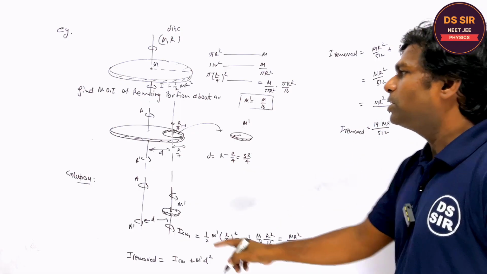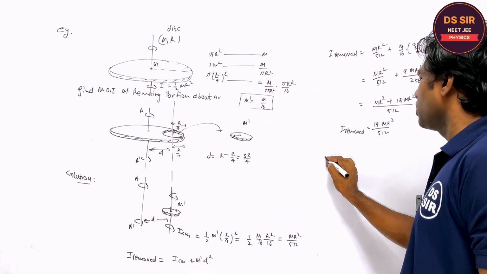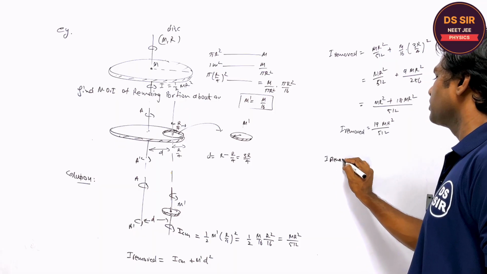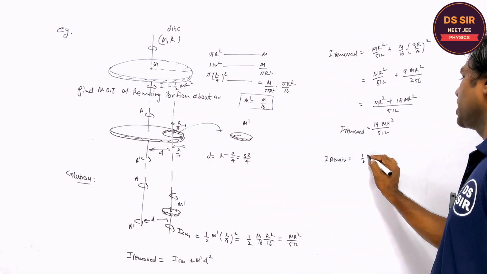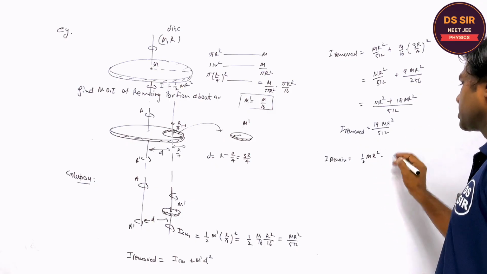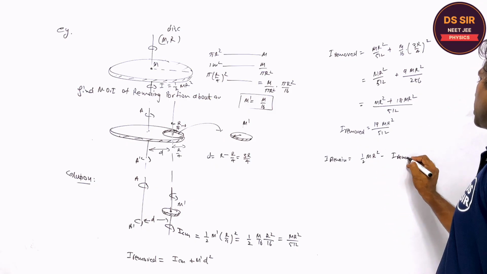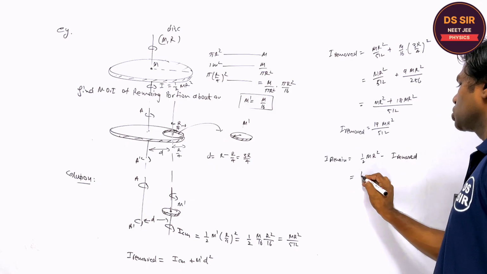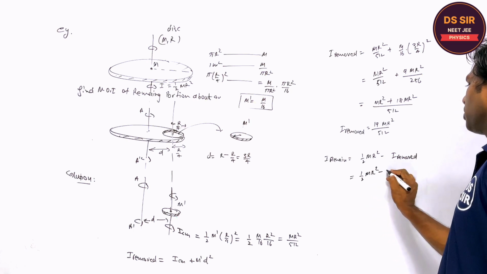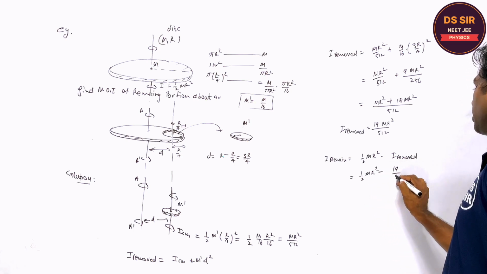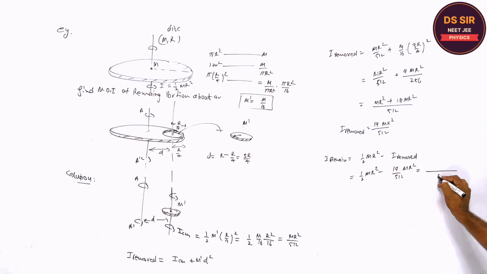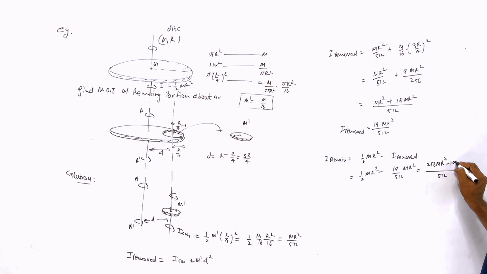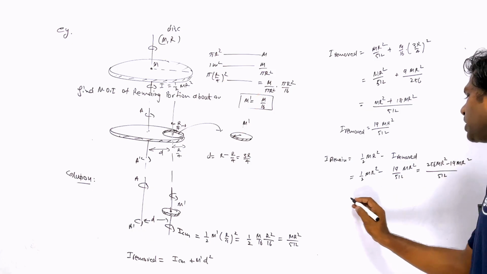So what is the moment of inertia of the remaining portion, you tell? Initially the moment of inertia is half mr square minus moment of inertia of removed portion. So half mr square minus 19 by 512 mr square is equal to what? 256 mr square minus 19 mr square over 512, right?